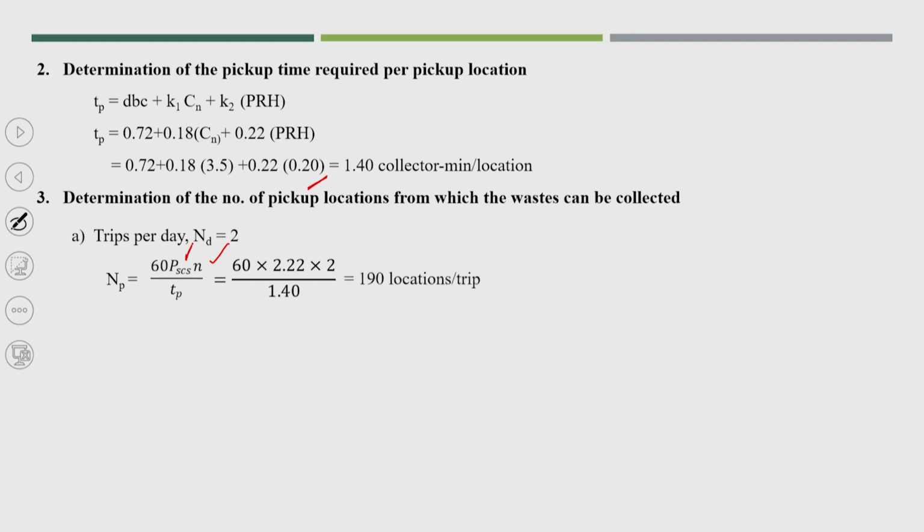So, in ND 2 it will come out to be 190 locations per trip, and number of trips 3 per day. So, from that we can calculate the number of pickup locations, that is coming out to be 102 locations per trip.